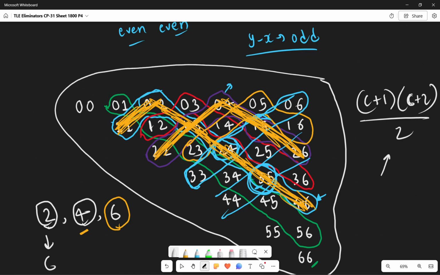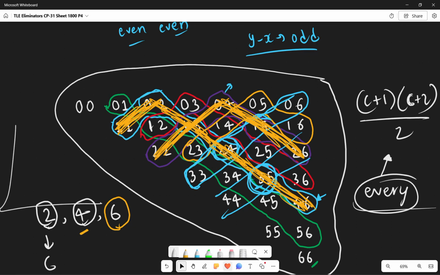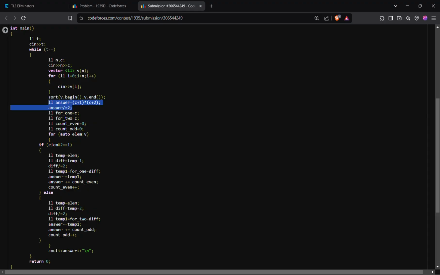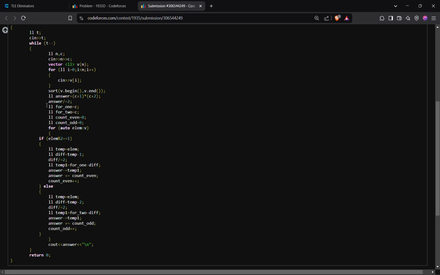Okay, so you will initialize the answer with this, and you will check for every element in the set what pairs you have to discard. So that is basically the thing. So let's go.